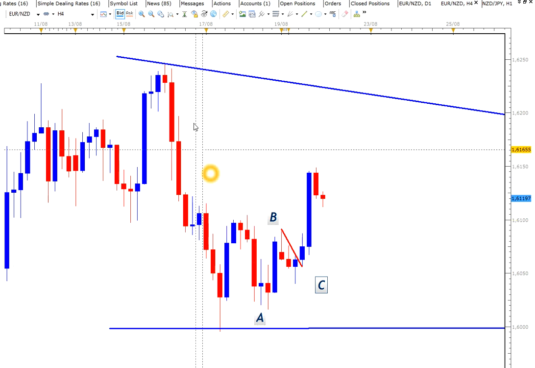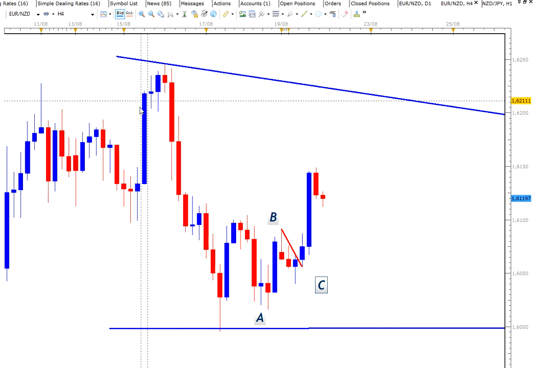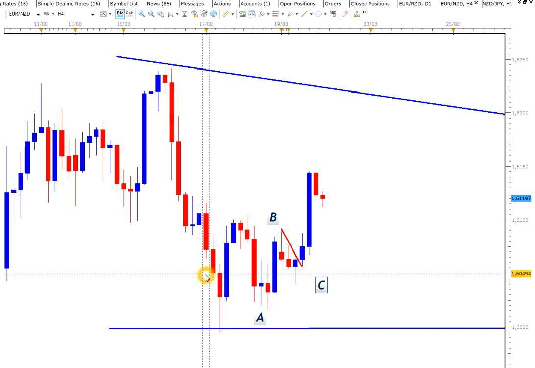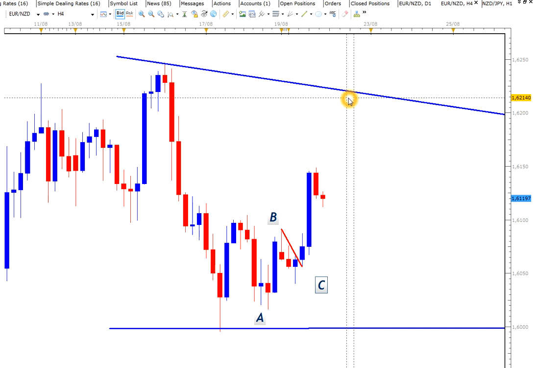It could also take the form of a sharp bullish signal, similar to this sharp bearish signal that started the movement here. So this is the first reason why I think that this has a low chance of actually working out.